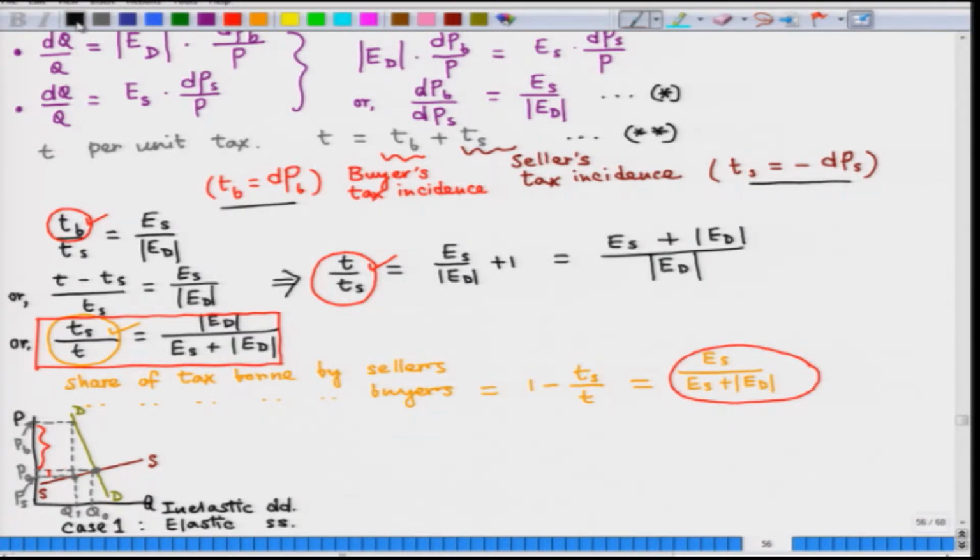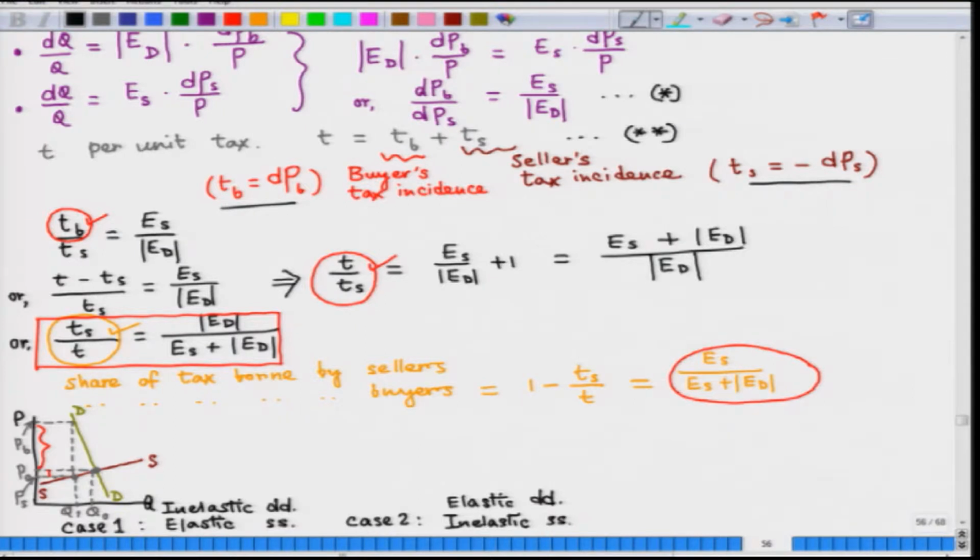Okay. So, now we move to the other case where we have the opposite story. There we have kind of elastic demand function and kind of inelastic supply function. Now, let us see what happens in that case.